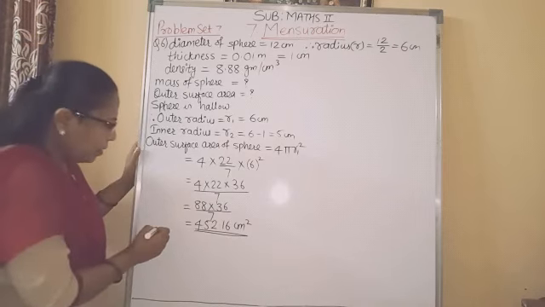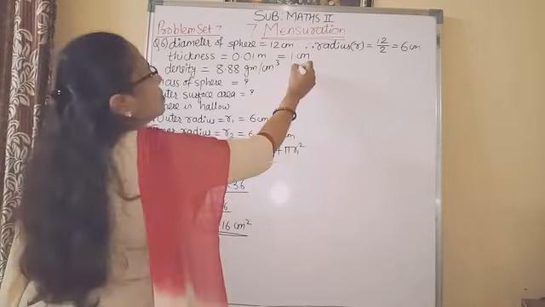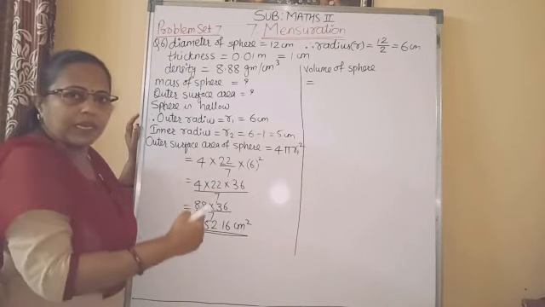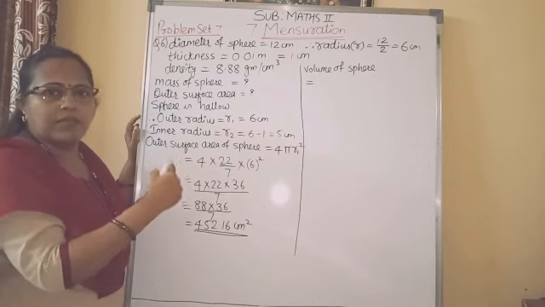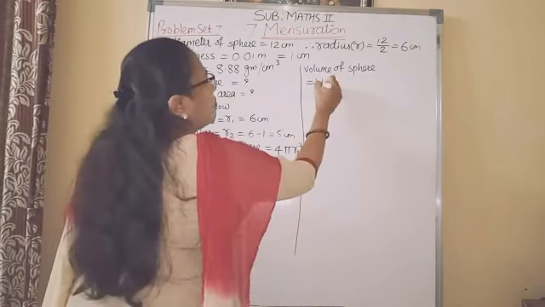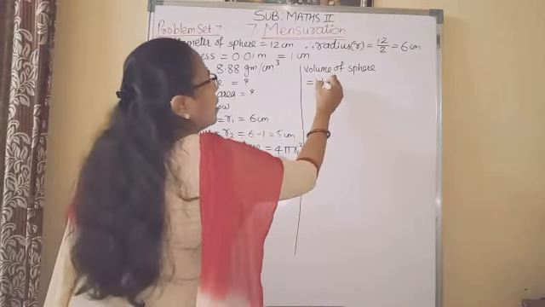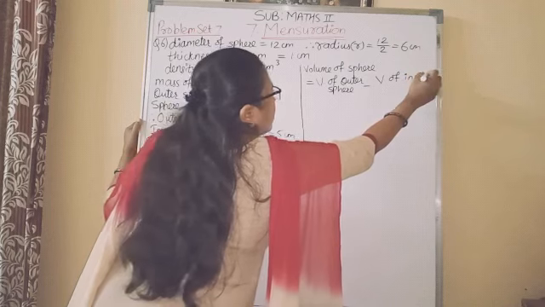Therefore, volume of sphere is equal to, as here it is given that it is a hollow sphere, so we have outer sphere and inner sphere. So we have to find out the volume of both the spheres and then do subtraction. Volume of outer sphere minus volume of inner sphere.